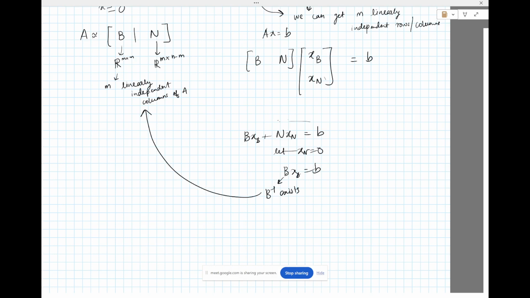Because of this. So xB you can write as B inverse b. So this x = [B⁻¹b; 0] is a solution, right?